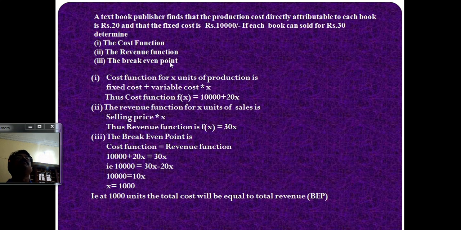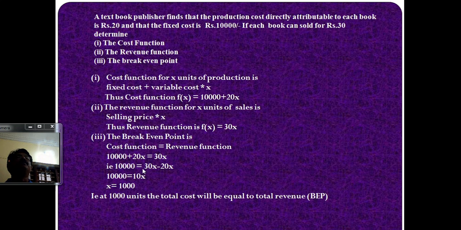And another question is the break-even point. You know that it is the point where there is no profit, no loss, or otherwise total cost is equal to total revenue. Here you have the total cost function and also the revenue function, so the cost function should be equal to the revenue function. Cost function 10,000 plus 20x; revenue function 30x.